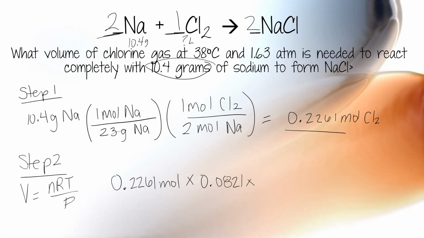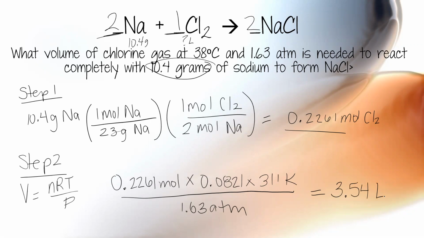Convert that to Kelvin and you get 311. All divided by pressure in atmospheres, which it already is for me. If you do that math, you get volume to be about 3.54 liters of chlorine. I went from grams of sodium to liters of chlorine, mass to volume.